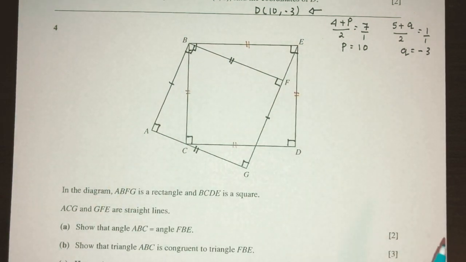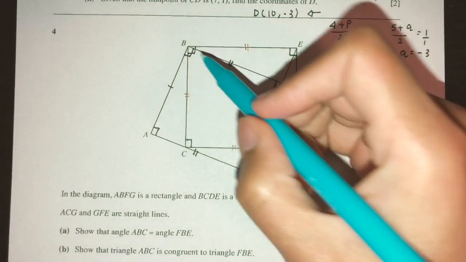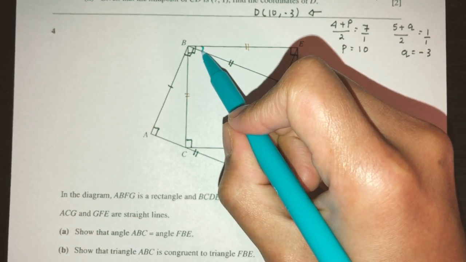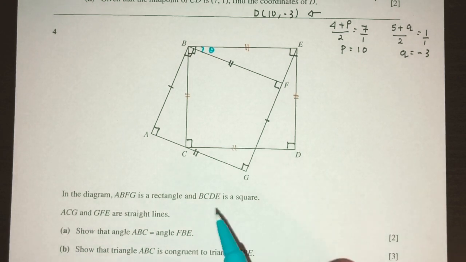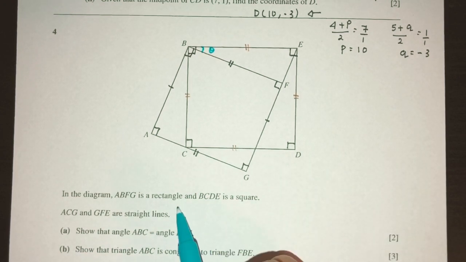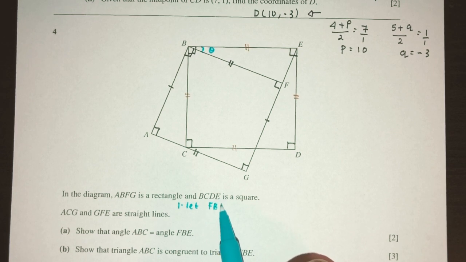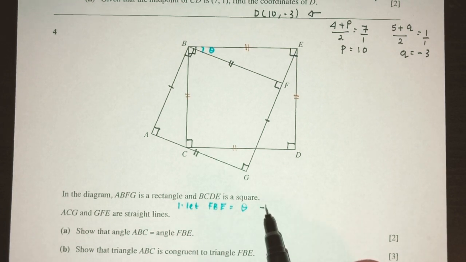So we can do this step by step. For example, let's do something here. Let us first call this angle theta. So first step, let angle FBE be theta, right? So from this, you can derive what?